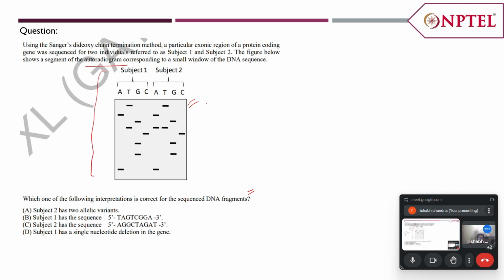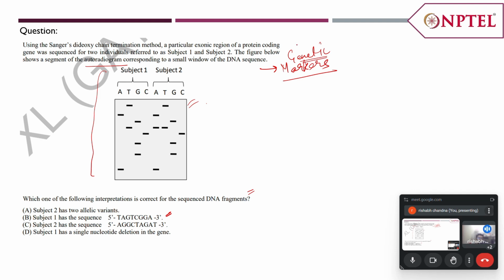Okay, so shall we discuss or do you need more time? Okay, so this question is based upon the difference in the markers, genetic markers basically.